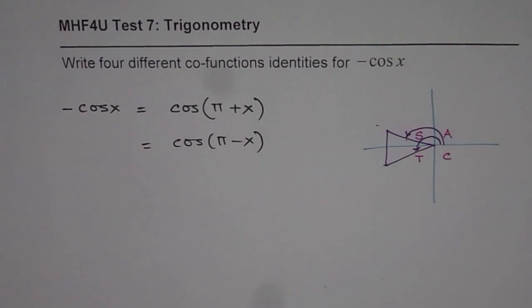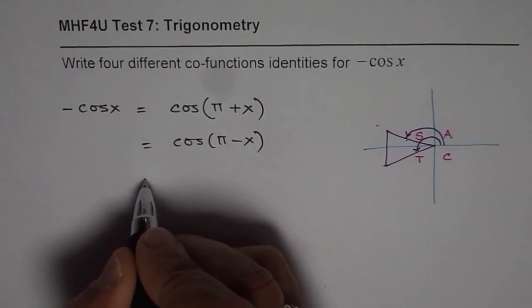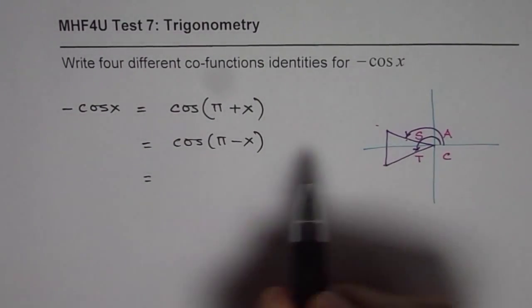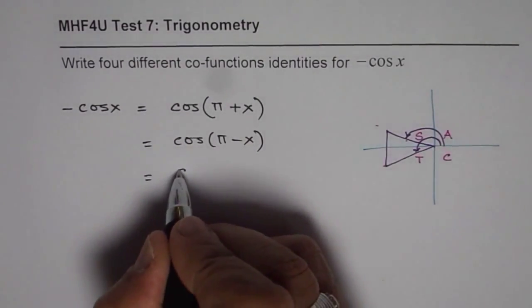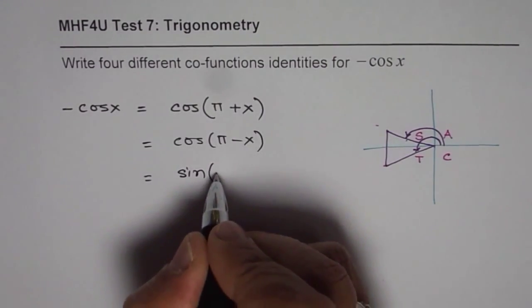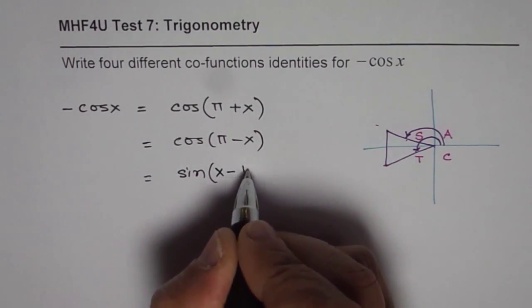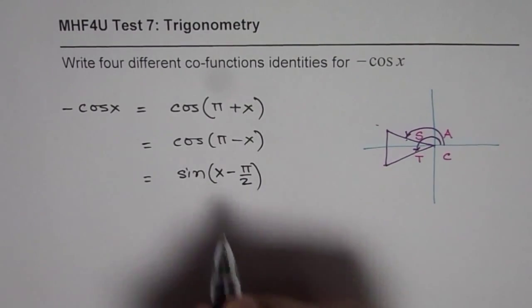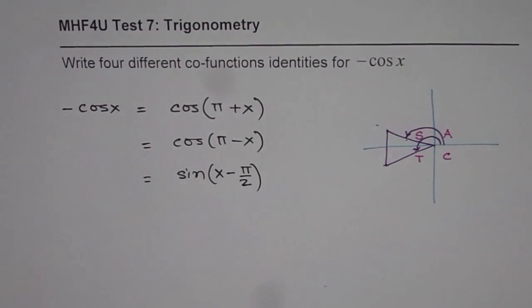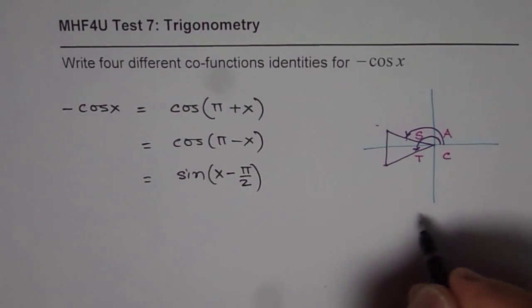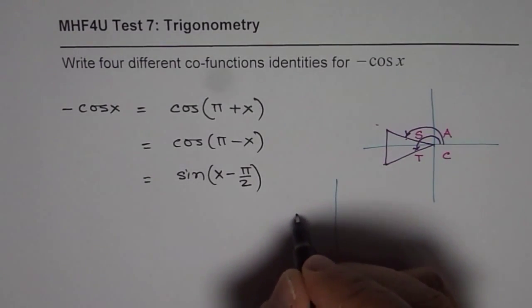In terms of sine, since we need negative from sine, we could write this as sine of x minus pi by 2. If you're looking at the sine function, let me make another reference frame here.